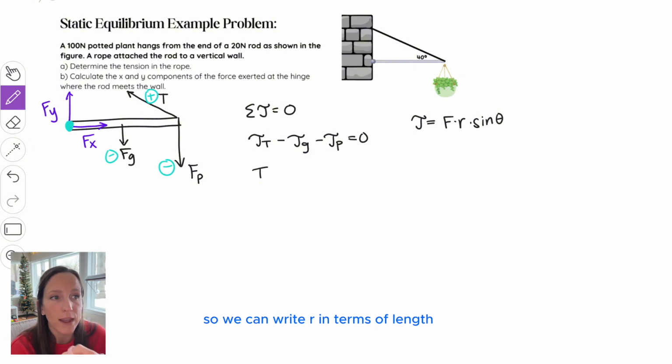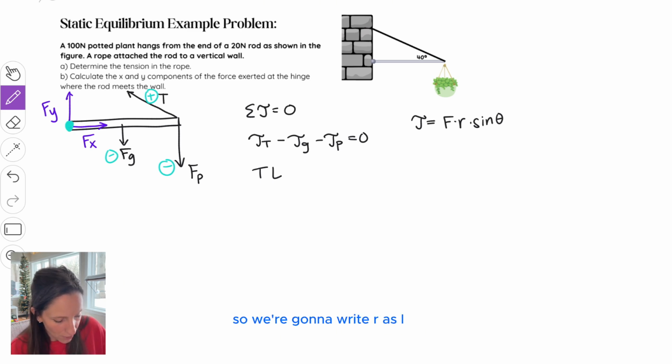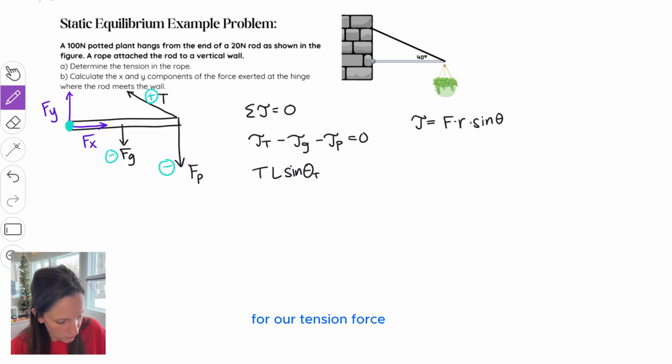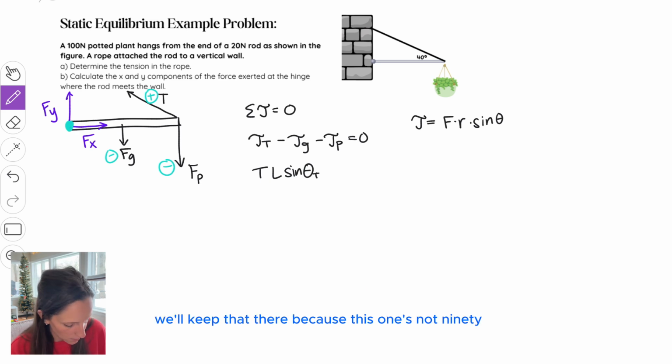So we can write R in terms of length. We know that this tension force is acting all the way on the end, so we're gonna write R as L, or the length of the rod. You'll notice that this cancels out. And then we have the sine of the angle for our tension force. We'll keep that there because this one's not 90.